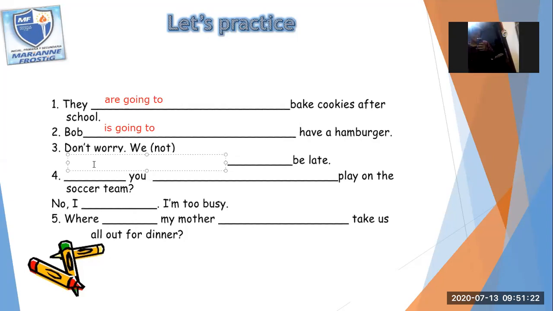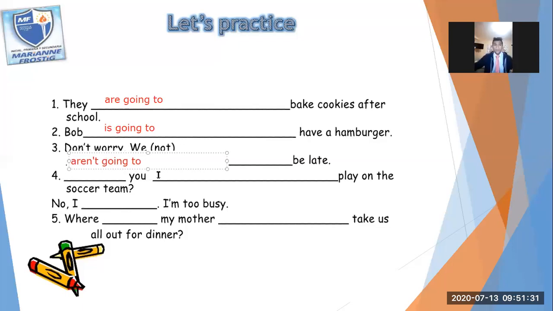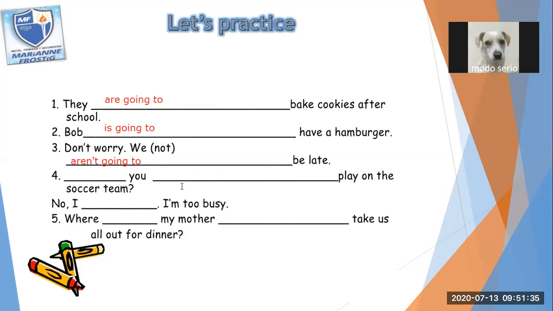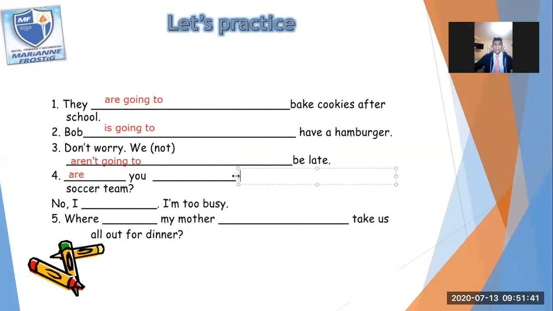Don't worry, we aren't going to be late. Going to be late, perfect. Very good. Number 4, please help me. Are you going to play on the soccer team? Very good. Are you going to? Or gonna, okay. Now, the answer is no.